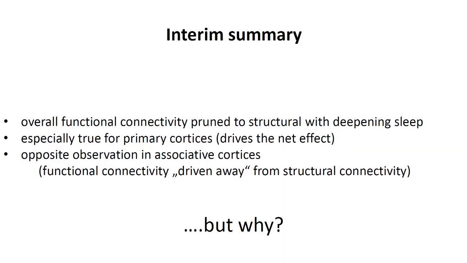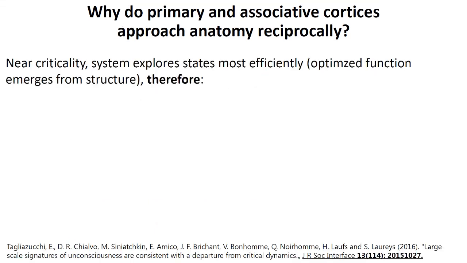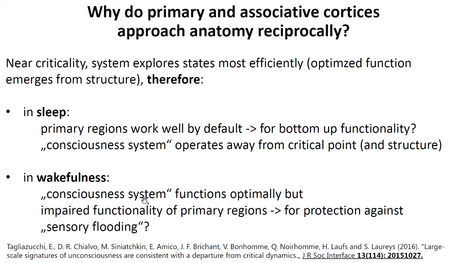And if we want to ask why, well, it's difficult to ask why, but we think it has to do with the fact that during sleep, some parts of the brain basically lose this sort of critical dynamics, and some parts of the brain actually are more efficient. Especially the sensory cortices are closer to critical dynamics during sleep.